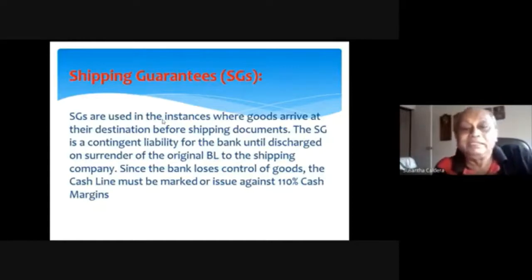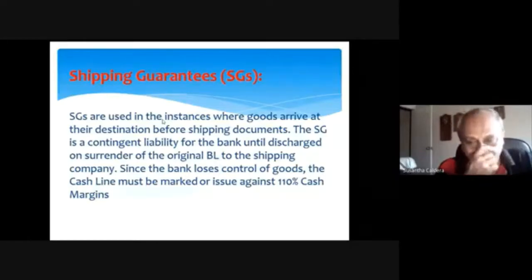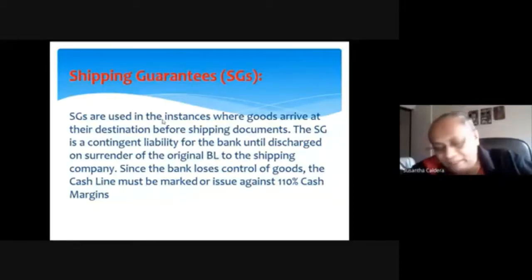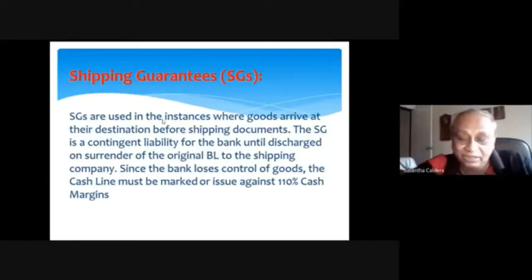And since the bank loses control of the goods, the cash line must be marked or issued against a 110% cash margin. Normally we go for a 110% cash margin. Otherwise, if the customer has a shipping guarantee line, we mark the line. Many banks make a mistake when marking the cash line for the facility, they mark 100%.